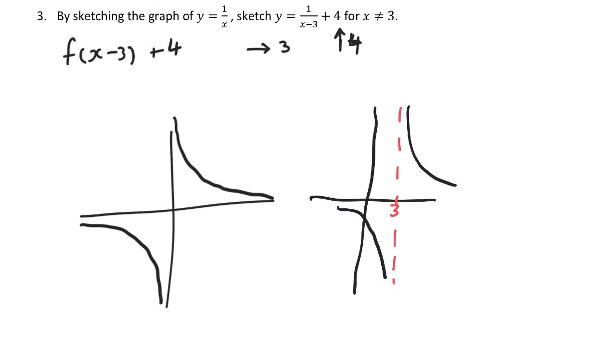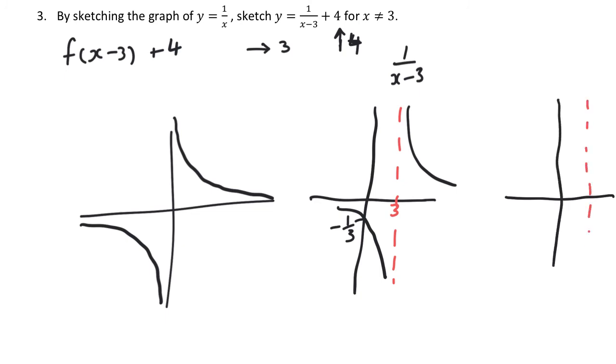Now we could work out the point where it crosses the y-axis. So this is really the graph of y equals 1 over x minus 3. So when x equals 0, we're going to have minus a third. Then we need to translate it vertically up by 4. So our vertical asymptote is going to remain unchanged at 3, but the horizontal asymptote is going to be moved up to 4.